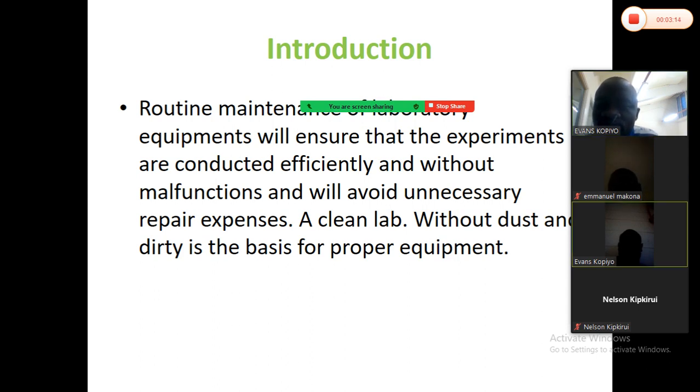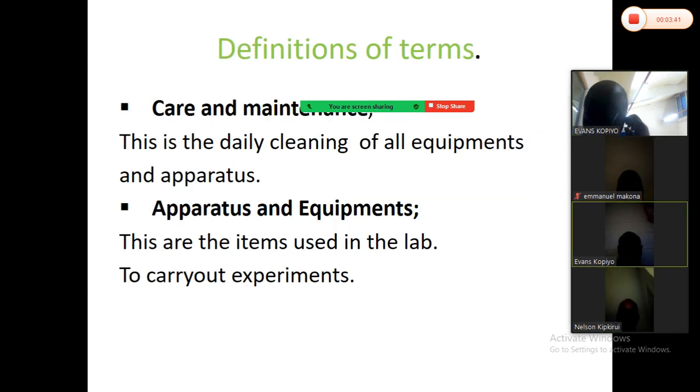Experiments should be done on clean apparatus and clean equipment, and the laboratory should be in a clean environment. So that's our main issue that we're going to discuss today.